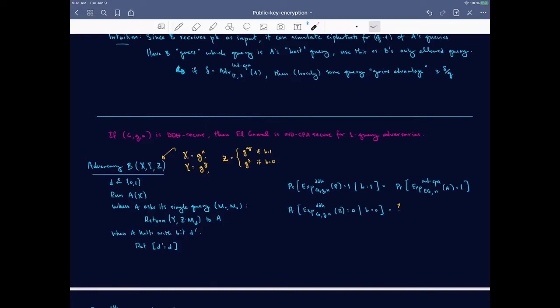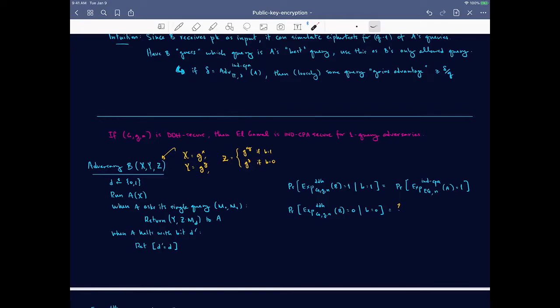So here's our adversary B for the DDH game. Remember, in DDH, you get an X, Y, Z triple, where X is g to the little x for some random exponent x, Y is g to the little y for some random exponent little y, and then Z takes on one of two values.